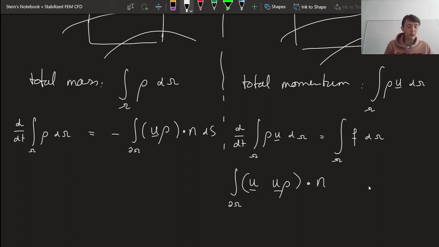Now, in order for this to work out in terms of index notation, we have to end up with a vector valued expression, right? Because this is vector valued, this is vector valued, so this has to be vector valued. So we're going to have to dot something with n to produce a vector. So that's going to be a tensor, meaning that this is going to be a tensor product between u and u.